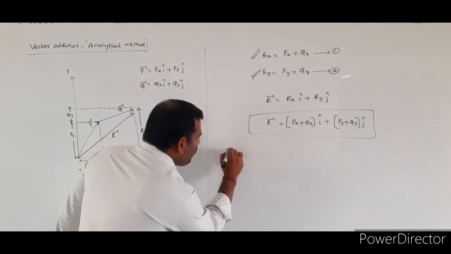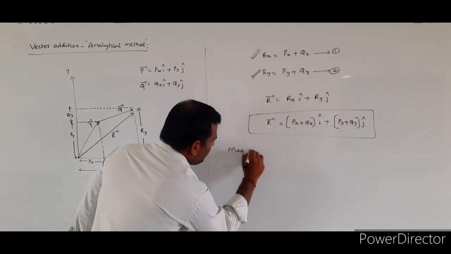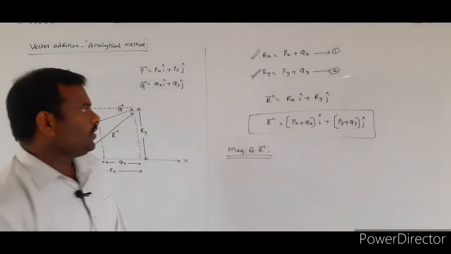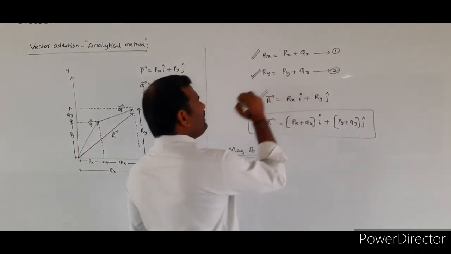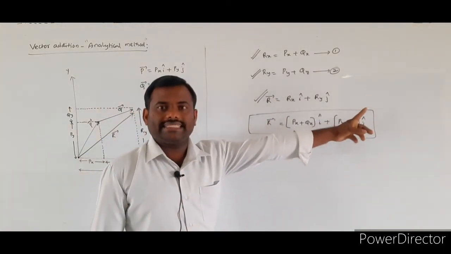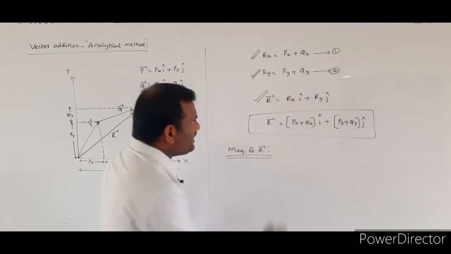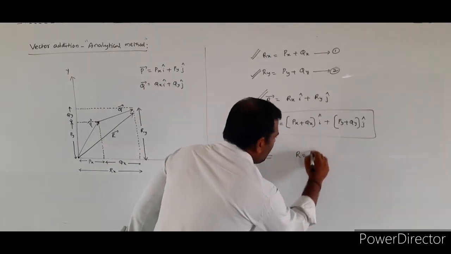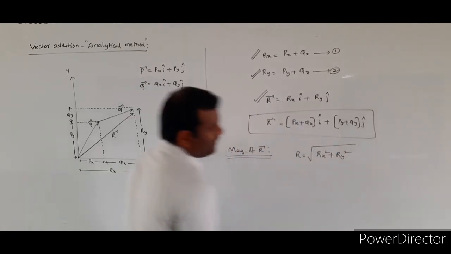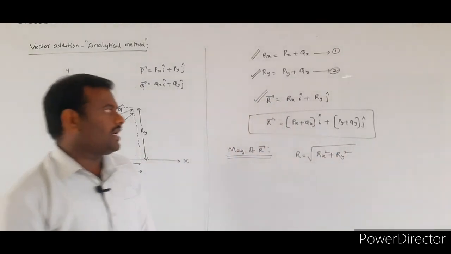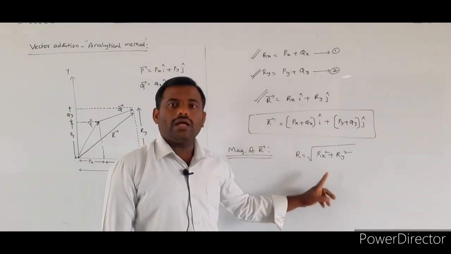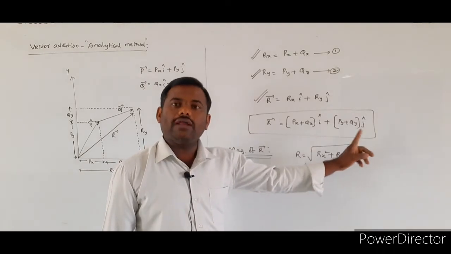Now, how can we calculate the magnitude of the given vector R? If the vector R bar is represented by Rx i cap plus Ry j cap, its magnitude is equal to the square root of Rx square plus Ry square.